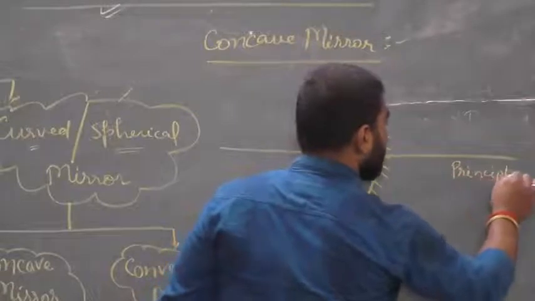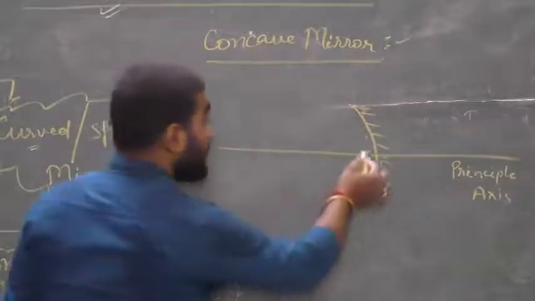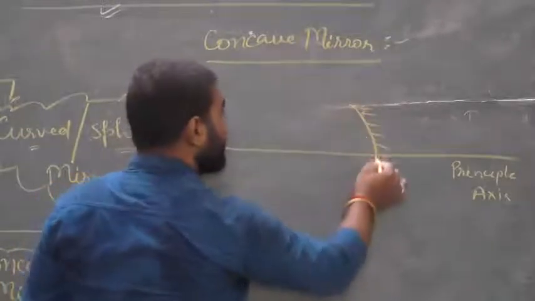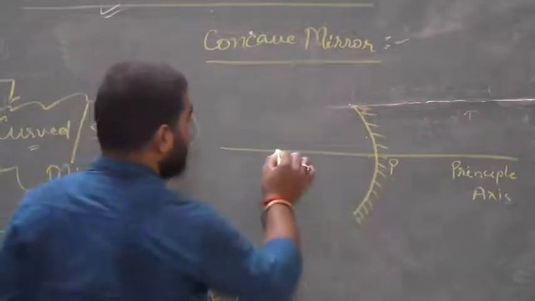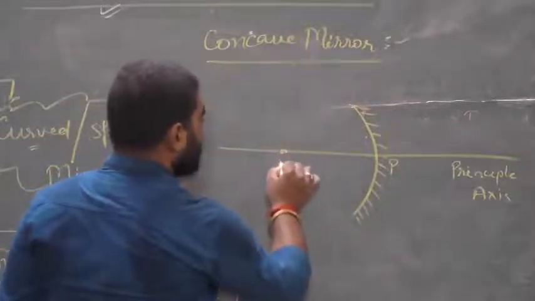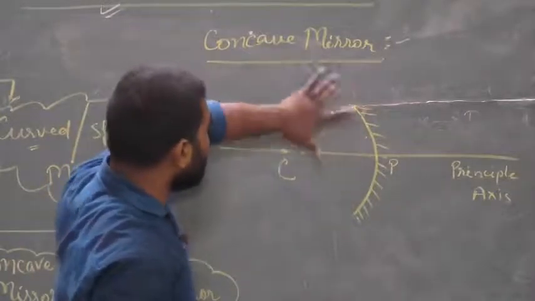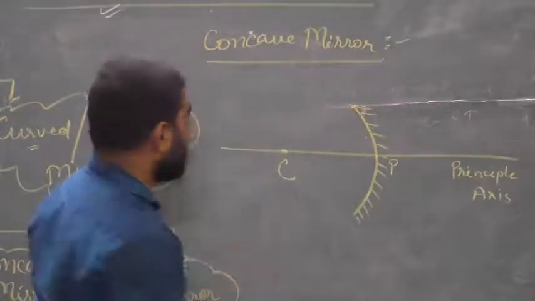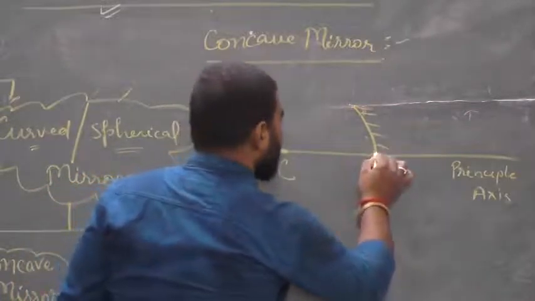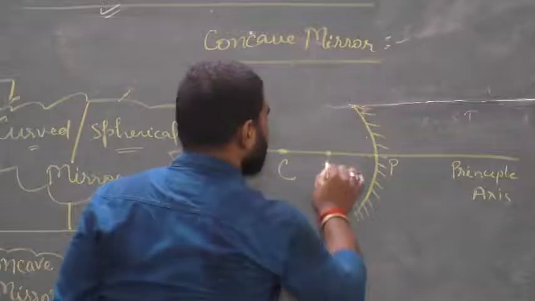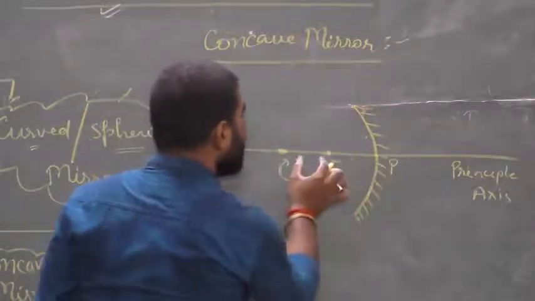The point at which the mirror is divided is called the pole, represented by P. The center from which this curve is made is called the center of curvature, and between the center of curvature and the pole there is a point called the focus, and this principal focus divides this distance into two equal parts.